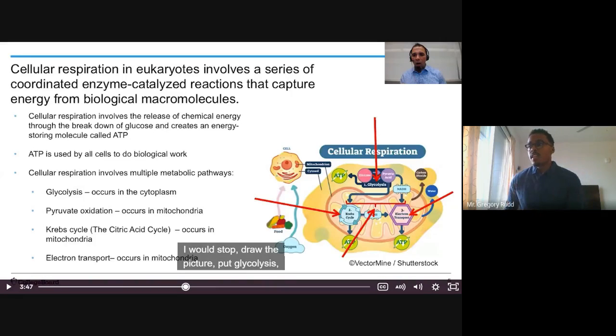So the cellular respiration is taking place in eukaryotes or eukaryotic cells, and it involves a series of coordinated enzyme-catalyzed reactions. What does that phrase mean? Coordinated enzyme-catalyzed reactions. Again, let's just break it down.